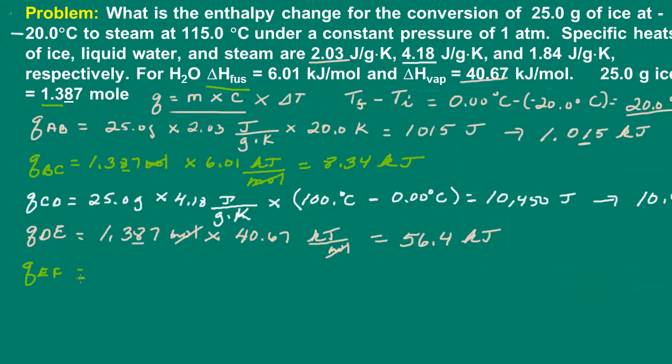The mass of the water, or vapor I should say, is 25 grams, times the specific heat for the steam, that's 1.84 joules per gram per Kelvin, and then delta T. Our final temperature is 115 degrees Celsius, and the initial was 100 degrees Celsius.